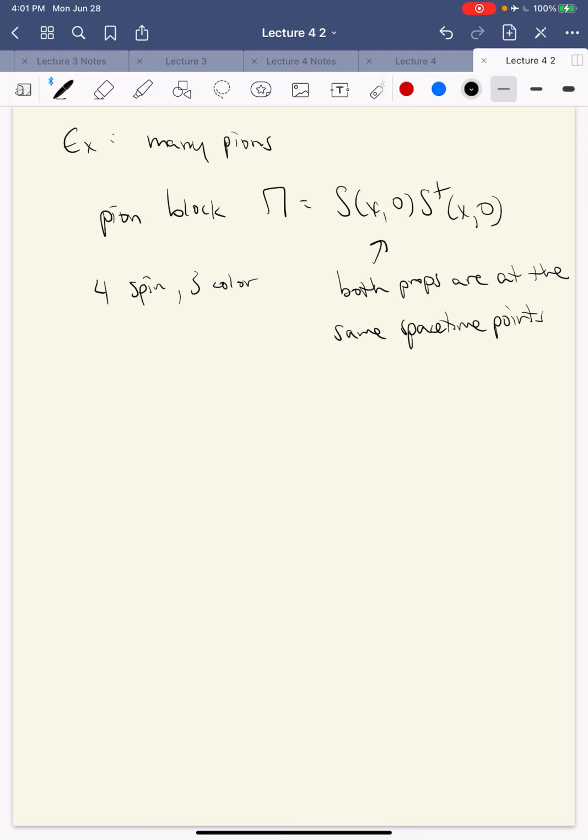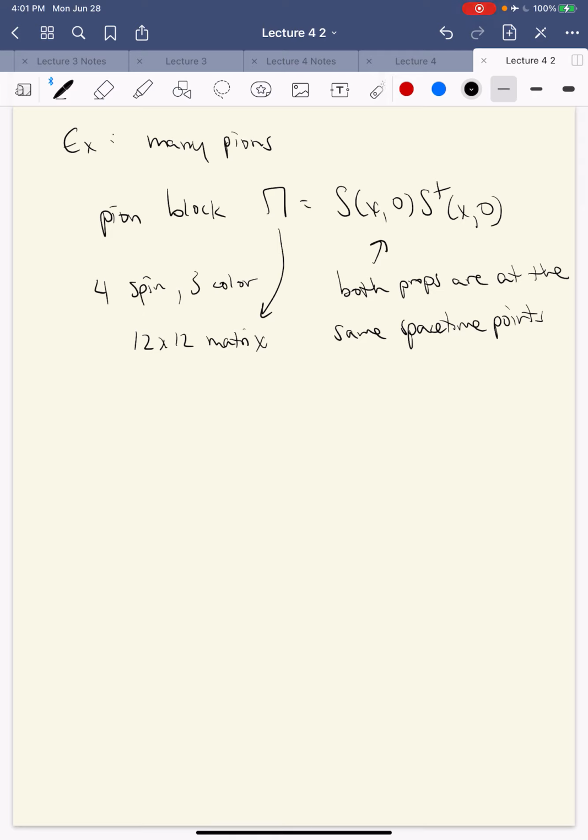So this means that the pion block is a 12 by 12 matrix. And we're going to use this 12 by 12 matrix to compose many pion states.